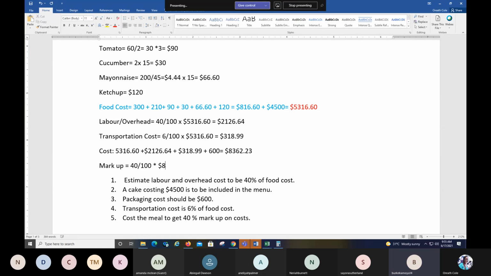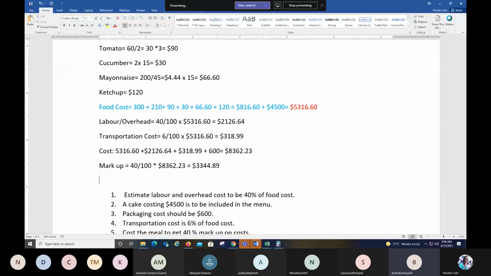Miss, it would be 3,344. And that equals to what? 3,344 and 89 cents.